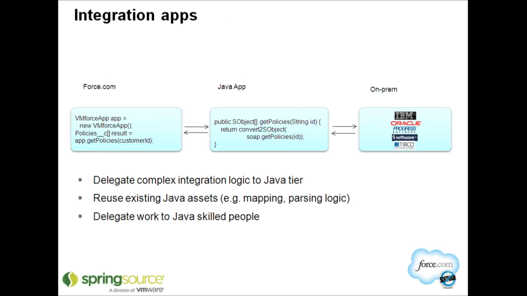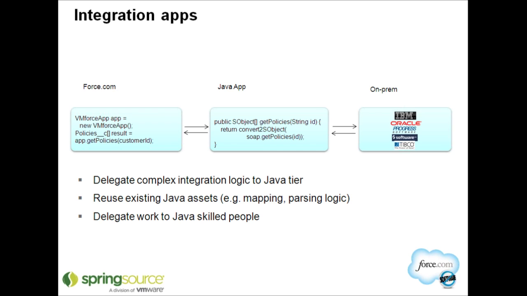So I wanted to give you two quick examples of how you might be able to do this, just to start you thinking about it before Josh goes through a lot of the introduction to Spring. One of the big areas that we find very compelling is integration. Take, for example, an enterprise customer with an existing application like an IBM or a TIBCO, or any of those integration buses that are out there.